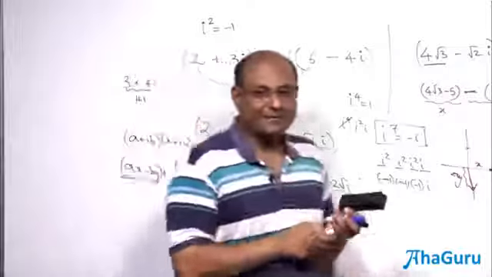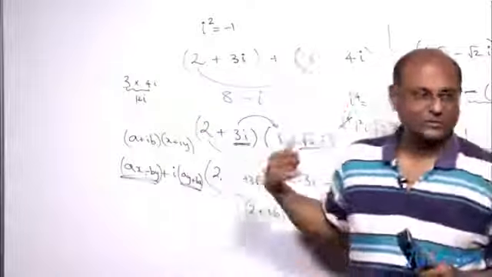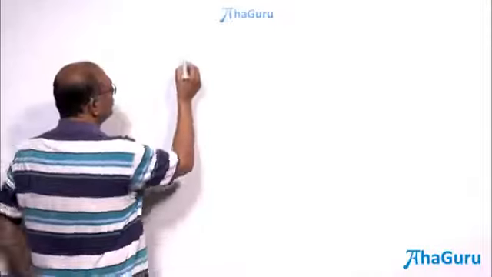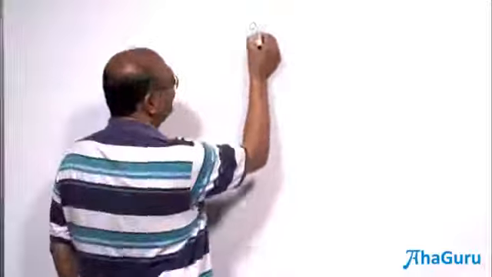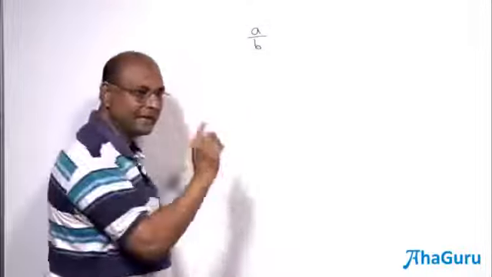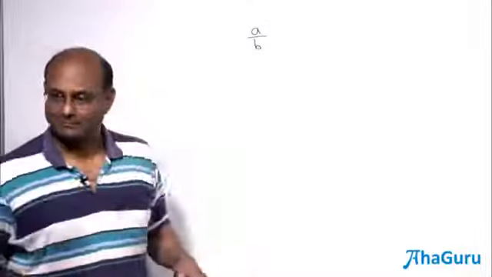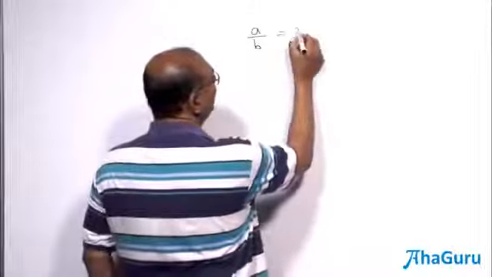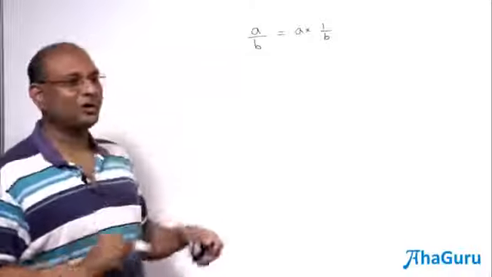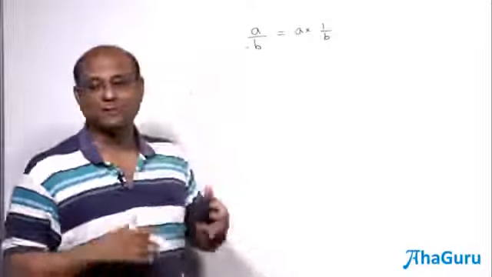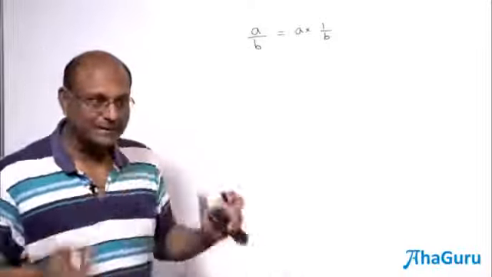Now the only other thing that we need to focus on is division. So let us do that also. The first thing that we have to do is to be able to divide. If I want to divide a by b, generally I must know what to do with 1 by b. So this is just simply a into 1 by b. And whenever I have a complex number, the problem is what do you do with division? Because I have two numbers sitting there.